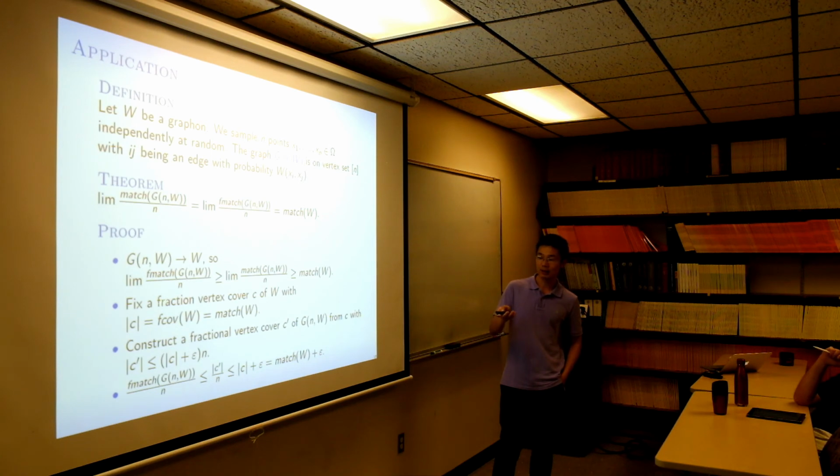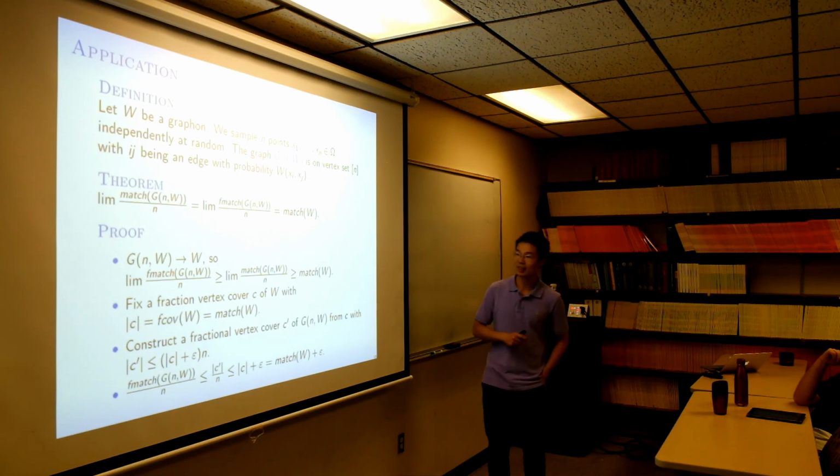Since C achieves the number, this is bounded by the matching number of W plus epsilon, for any epsilon. Because it is true for any epsilon, you prove the other inequality. Okay? Questions? I hope this time is not too fast.